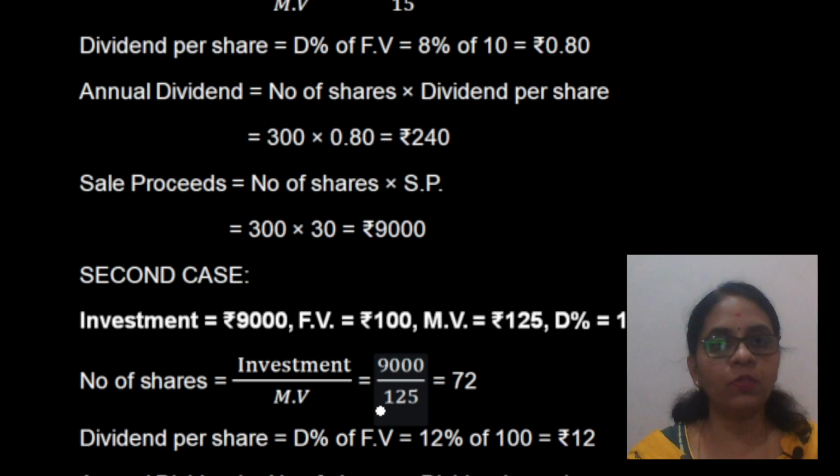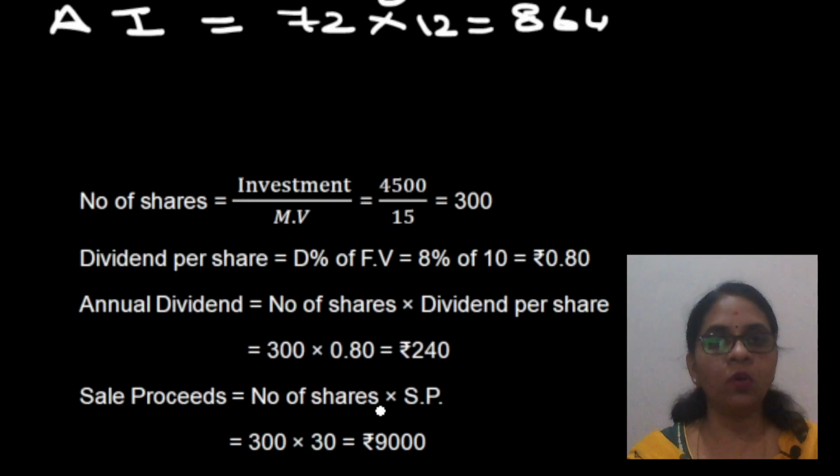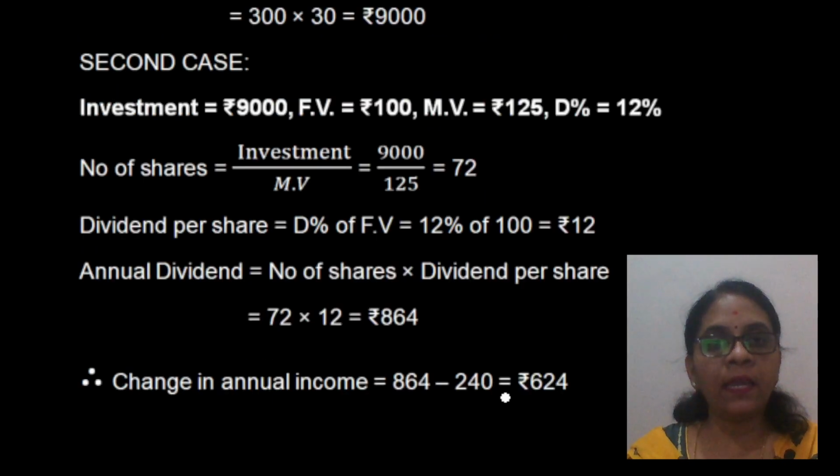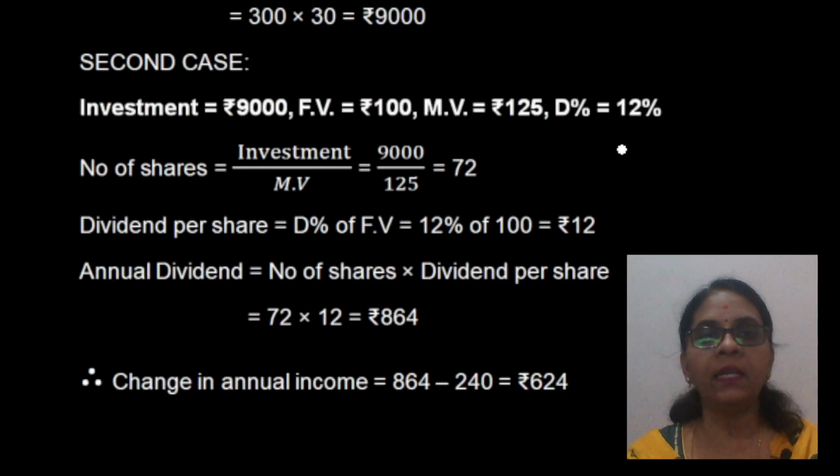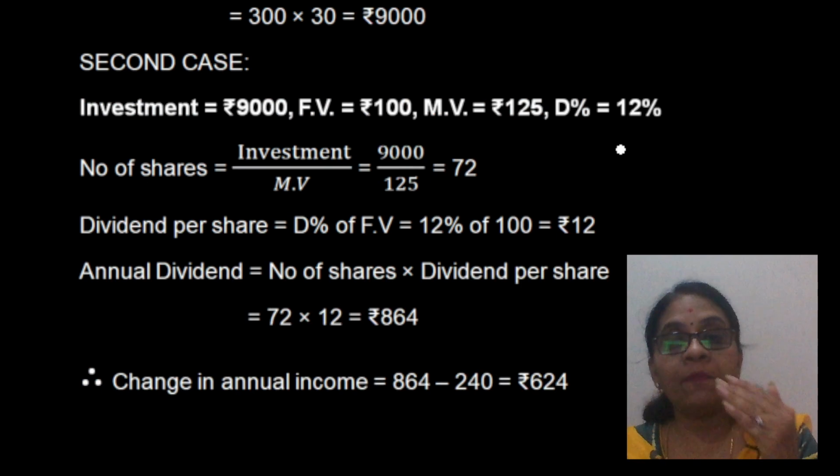So, see the solution. Number of shares in the first case is 300, D per share is rupees 0.80, annual income 240, sale proceeds 9,000, and then his investment in the second case. The sale proceeds become his investment in the second case.